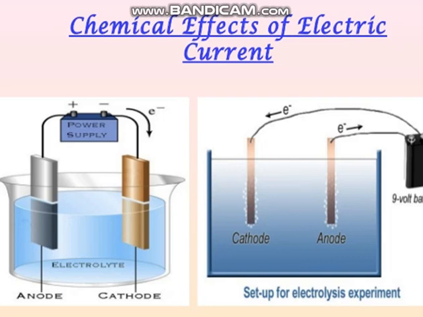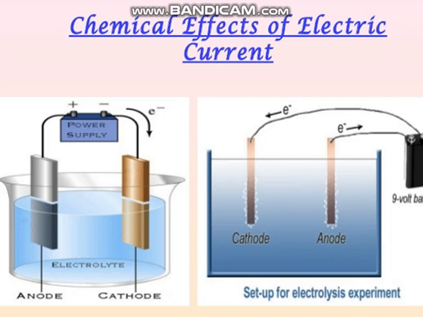Now at the cathode, cations are there which have less number of electrons, and cathode is negative because it has excess of electrons. So cations will gain electrons at the cathode and become neutral, and then they will start depositing at the cathode.